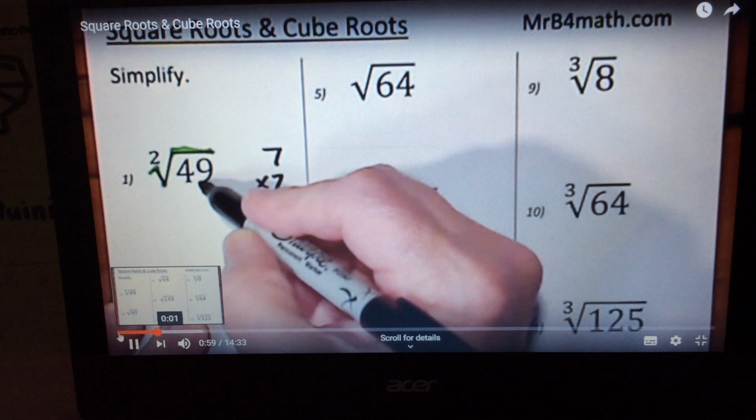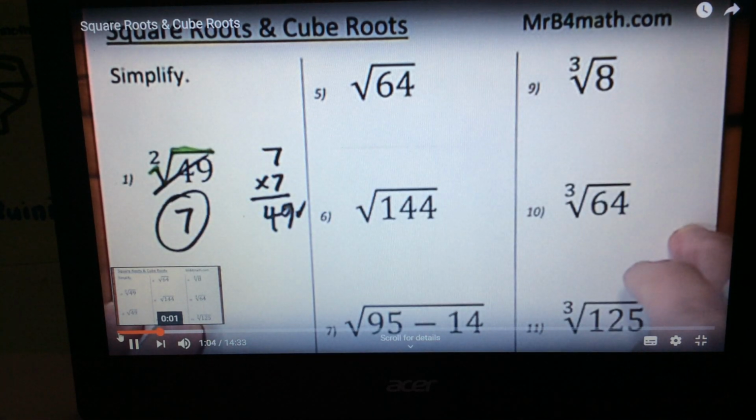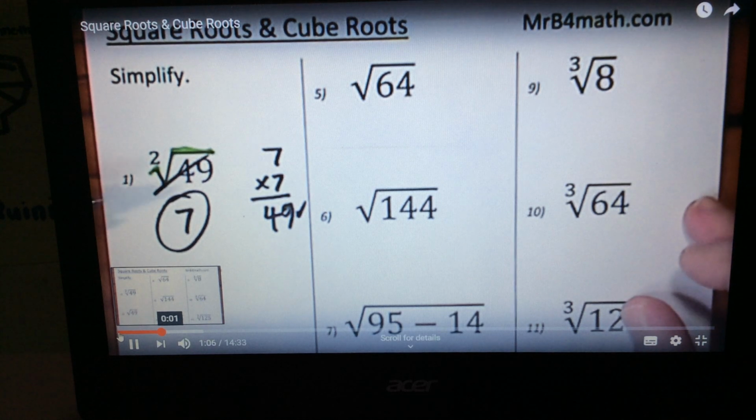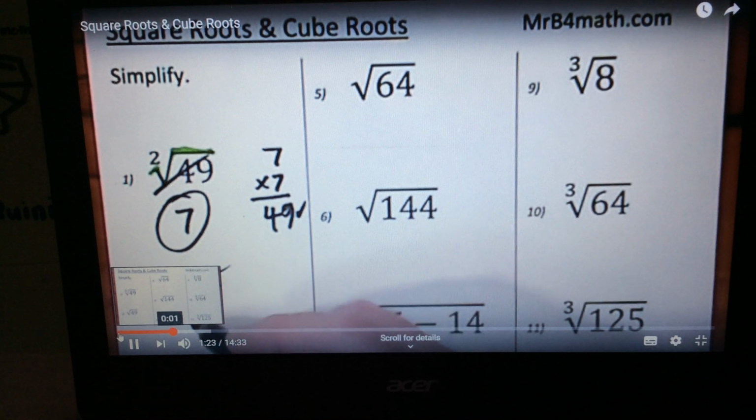So the square root of 49 is 7. By the way, this index of 2 is not required. If you simply have a radical symbol with no index indicated, then it's understood to mean the square root. So again, the square root of 49 is 7.